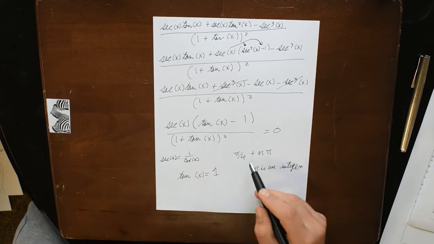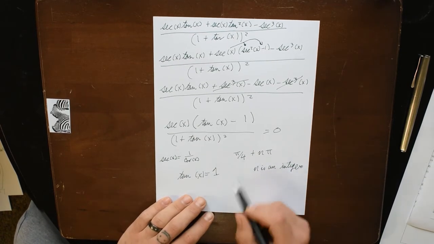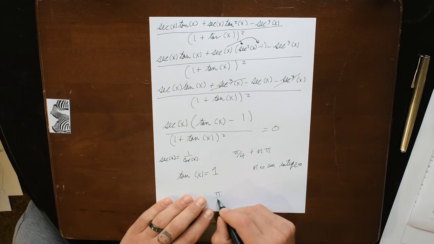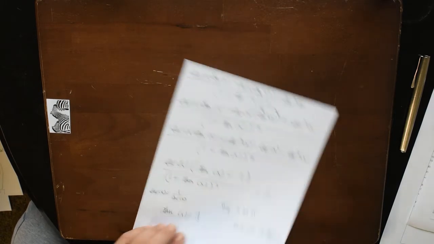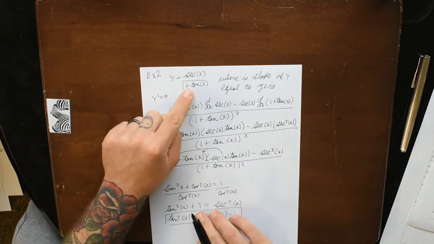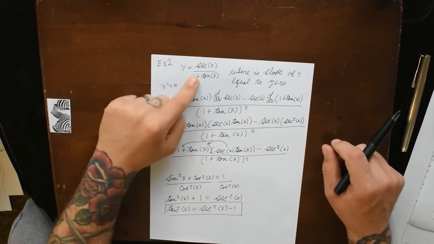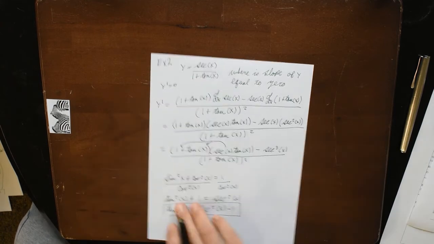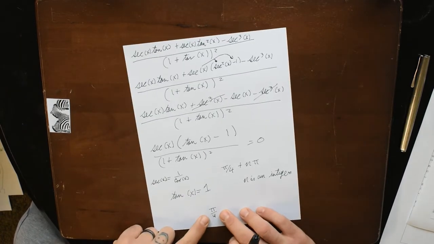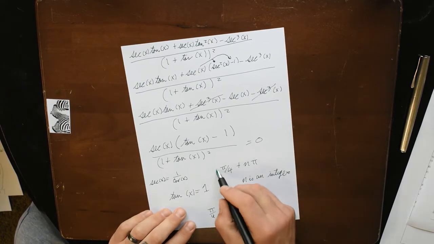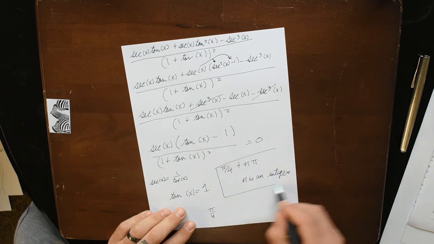So what this says is that starting at pi fourths, this thing has a horizontal tangent line every interval of pi. Makes sense. We've got stuff that repeats periodically, so we would expect horizontal tangent lines to repeat. Should have pointed here. Horizontal tangent lines.